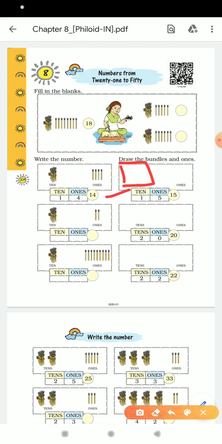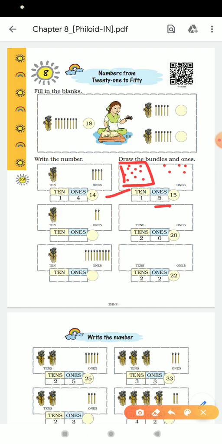So in one box I will put 10 dots. 1 2 3 4 5 6 7 8 9 10. And in ones, 5 is written, so I will put 1 2 3 4 5. If we count all these dots, they become 15.